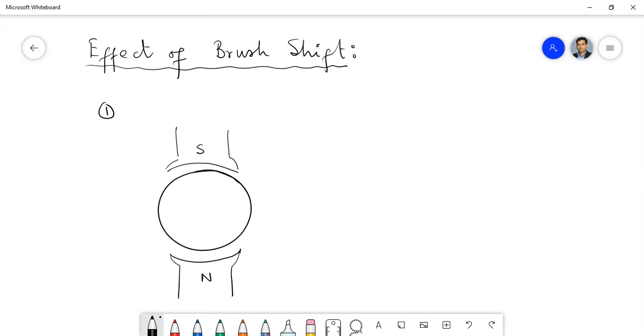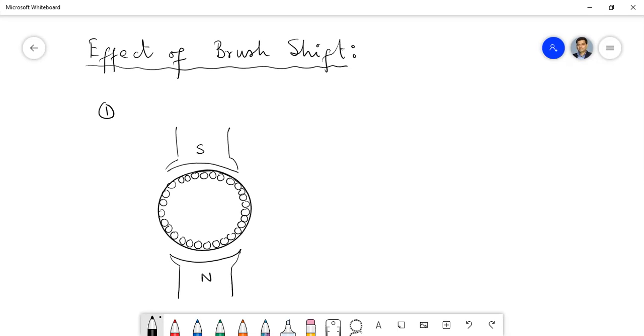Here, under the South Pole we have dot conductors. The conductors in the armature, as you know, are distributed. I've already discussed that there are two types of winding or coil: one is called distributed coil, another is called concentric coil.